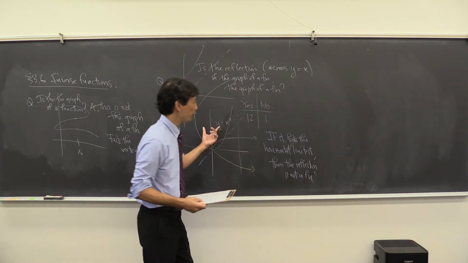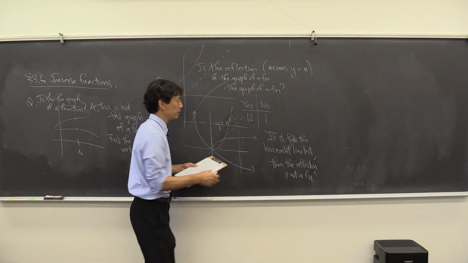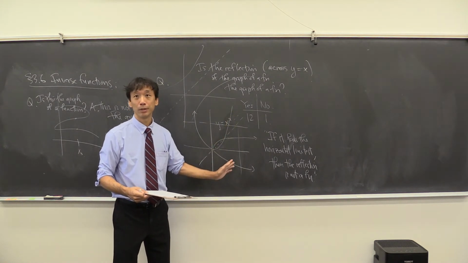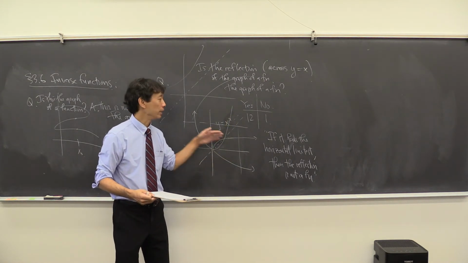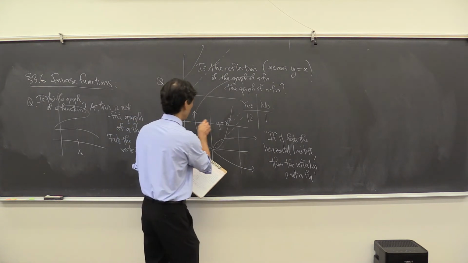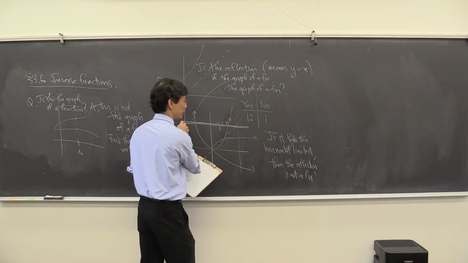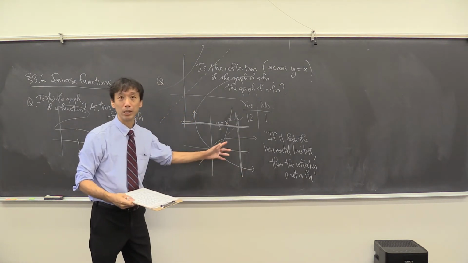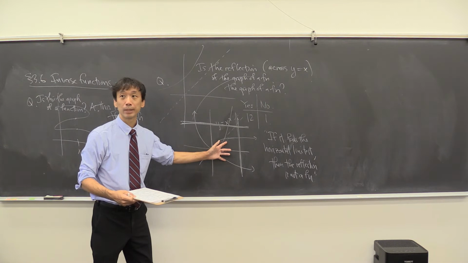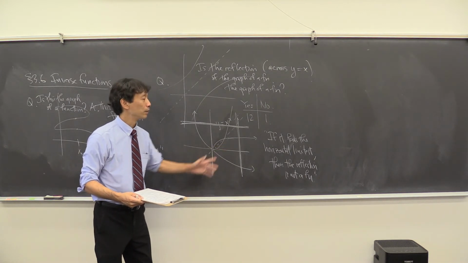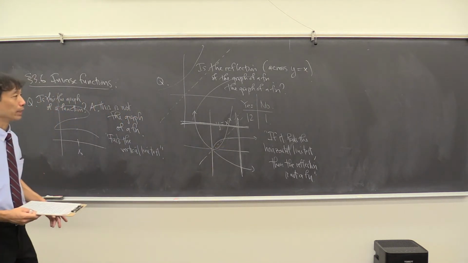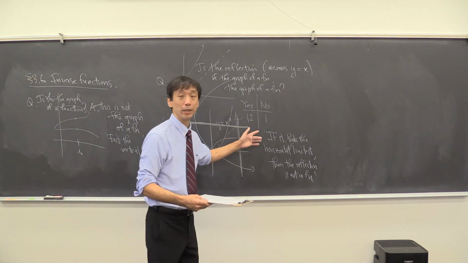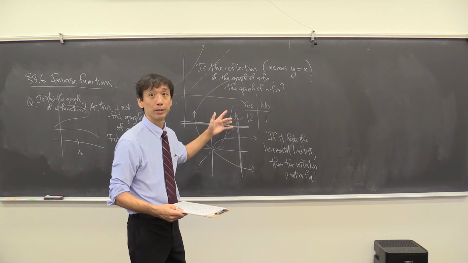Because if it fails the horizontal line test, then its reflection is going to fail the vertical line test. Let me say that again. If the original function fails the horizontal line test, then the reflected function is going to fail the vertical line test and cannot be the graph of a function. But if it passes the horizontal line test, then it's okay. Then the reflection will be a function.